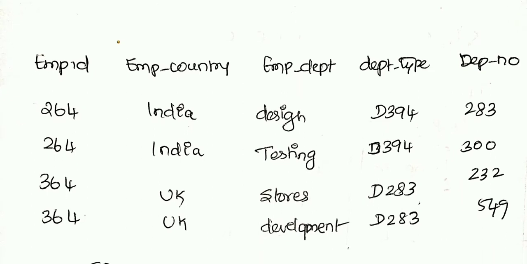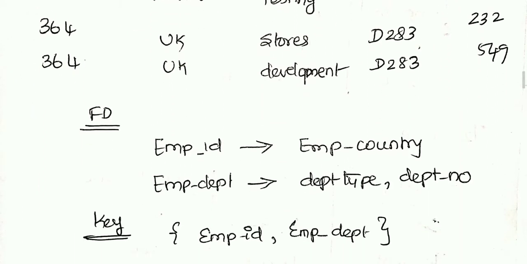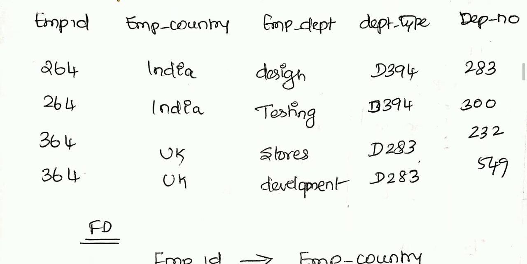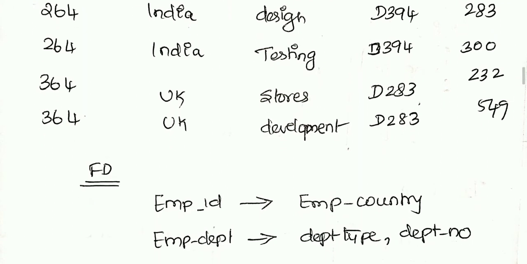We have the schema with attributes employee ID, employee country, employee department, department type and department number. These are the 4 rows of values in your schema. We will go through the dependencies first. If you know the employee ID, you can tell the employee country. So employee ID determines employee country, that is the first dependency.